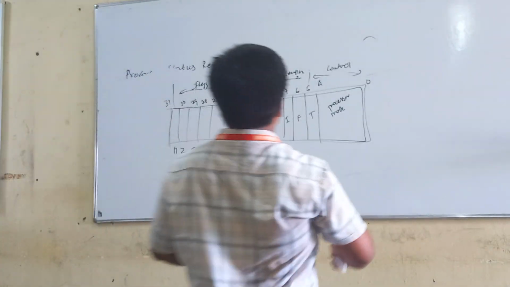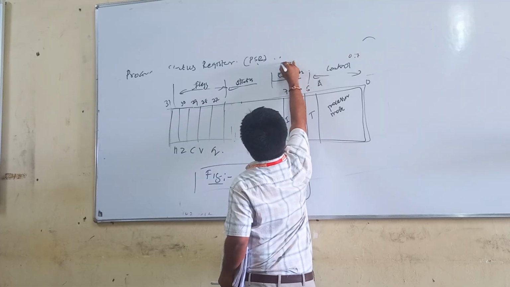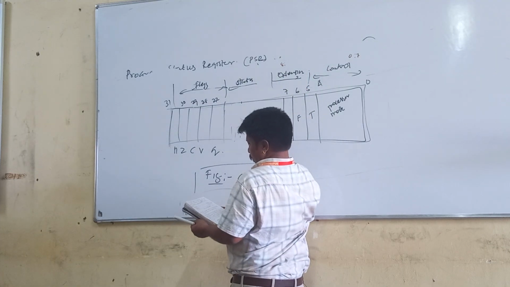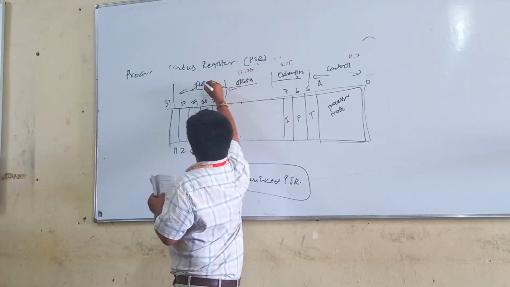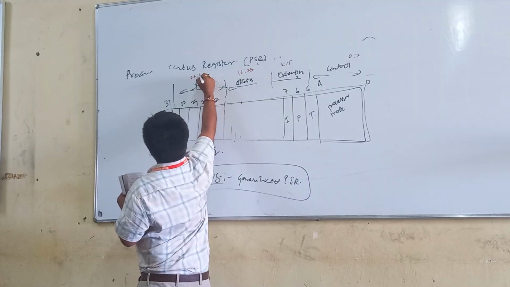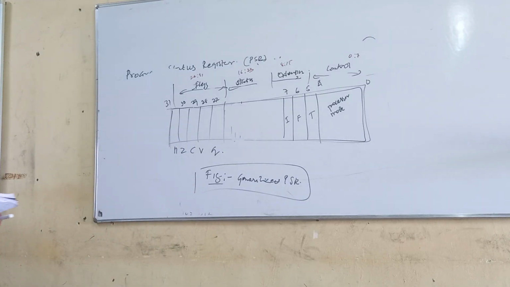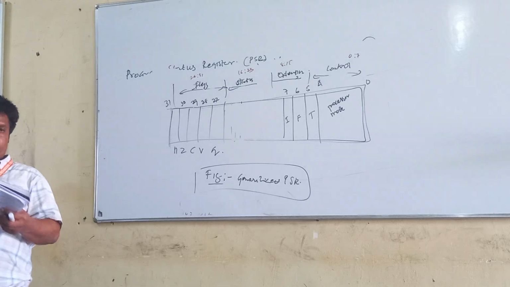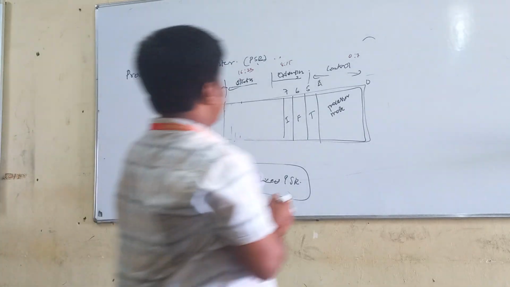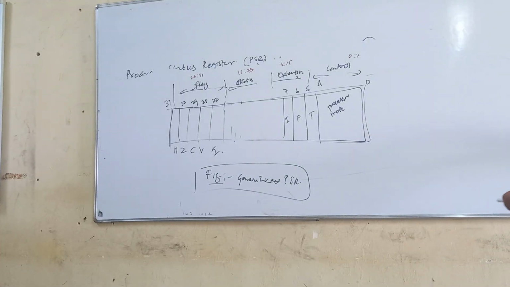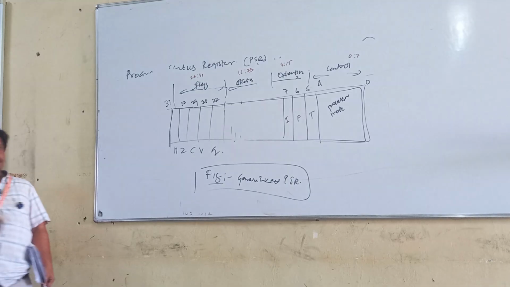Each and every field will have a size of 0 to 7, this is 8 to 15, this is 16 to 23, this is 24 to 31. Then we'll discuss one example here. I hope all of you copied this one. Shall I erase this one?